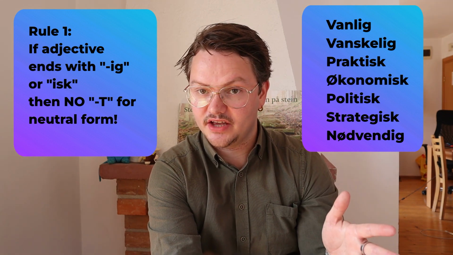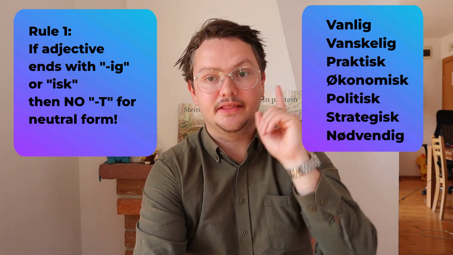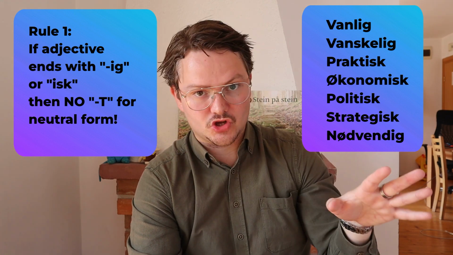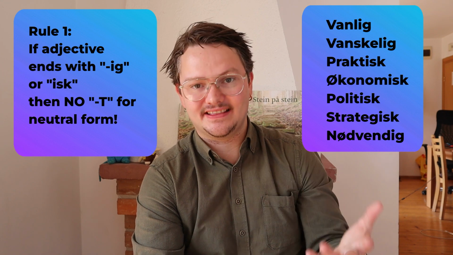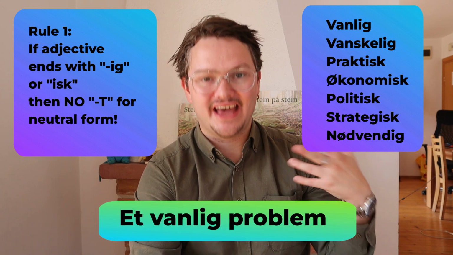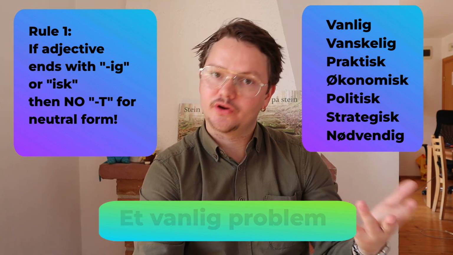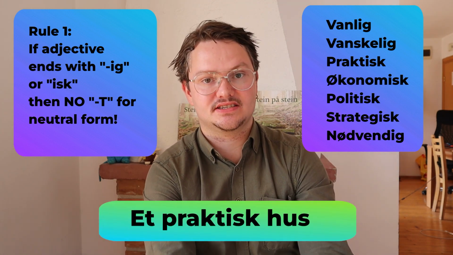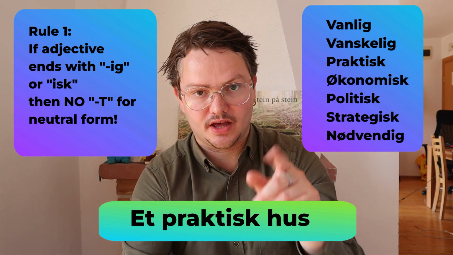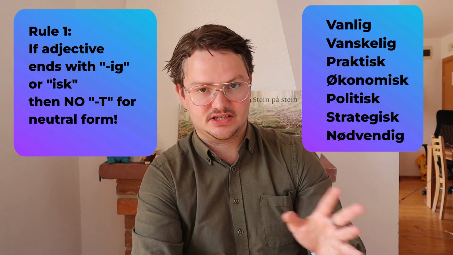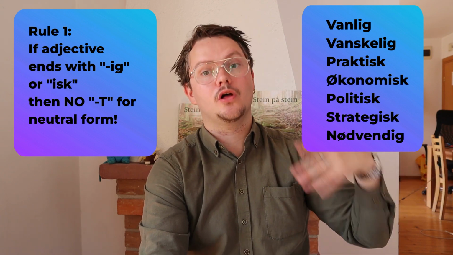Here you have the ig ending. Praktisk. They do not get the T for neuter. So you have, for example, ett vanlig problem. Neuter, ett problem, ett vanlig problem. Or let's say you have a practical house, ett praktisk hus. Don't add the T. Just with the endings ig and isk, no T for neuter.